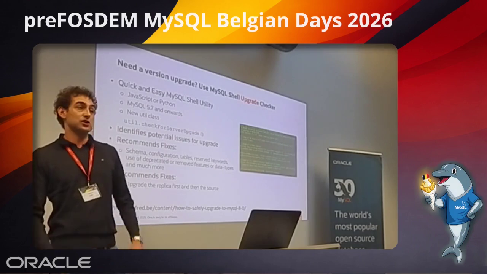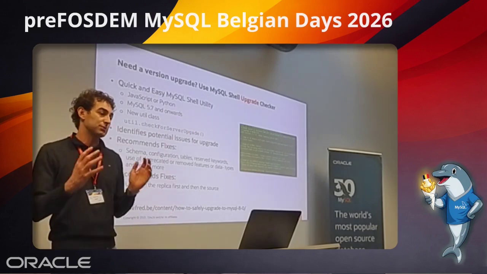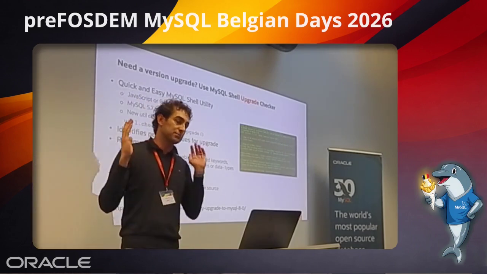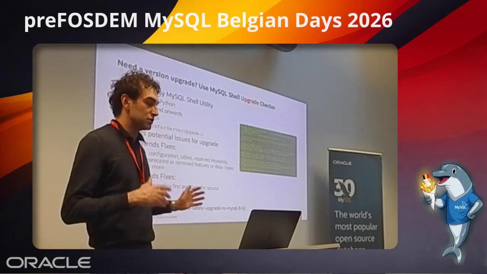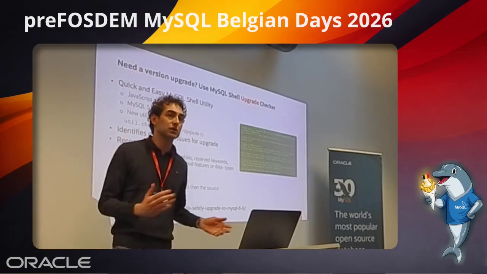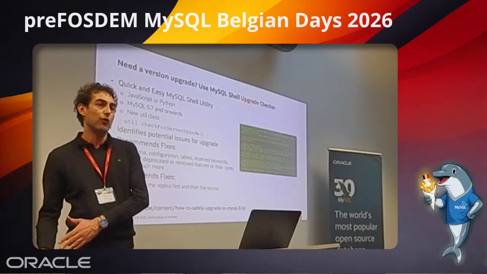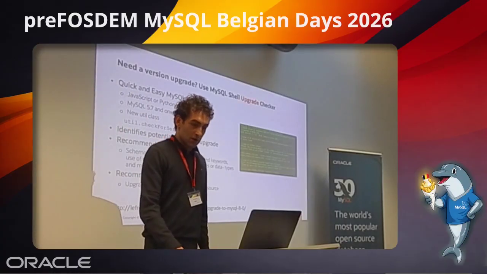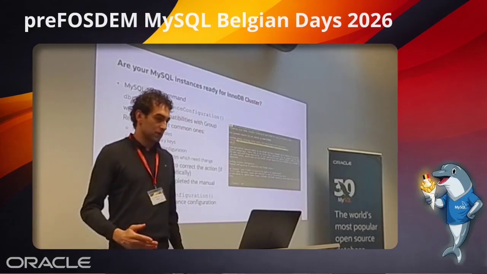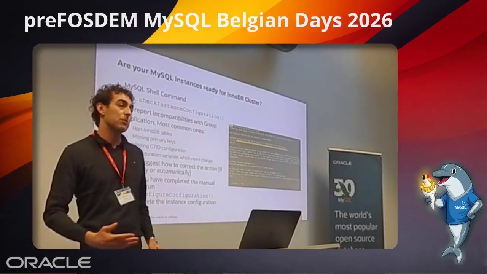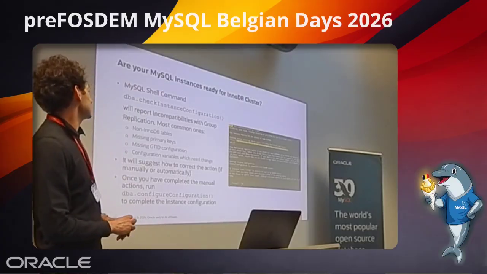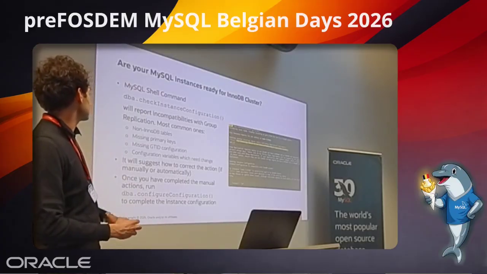Now, if you need a version upgrade, one of the common roadblockers is sitting on an old MySQL. You can use the MySQL Shell upgrade checker to see what you need to change before upgrading. Are your instances ready for InnoDB Cluster?